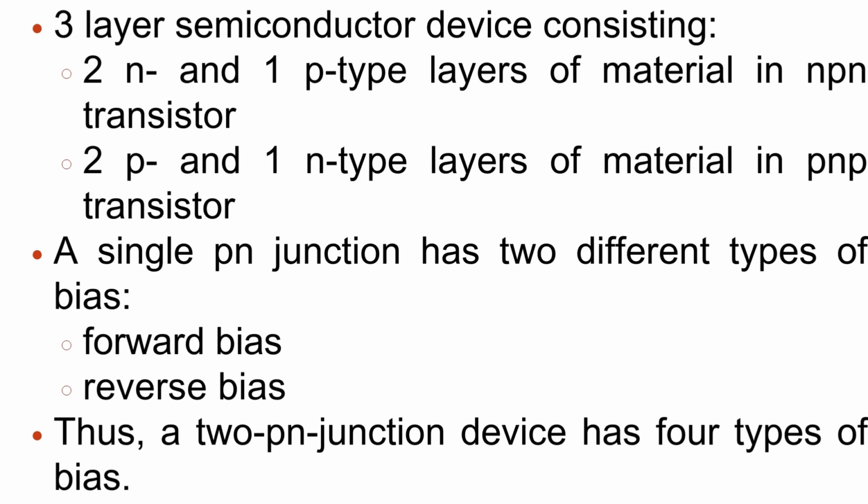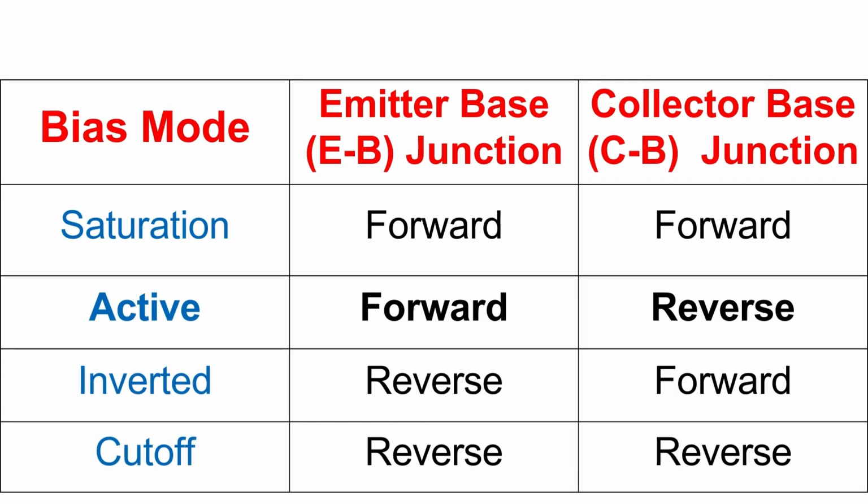A single PN junction normally has two types of biases, forward bias and reverse bias. In a transistor, there are two PN junctions, so the device has four bias modes, depending on the emitter base junction and collector base junction. Saturation: if emitter base is forward biased and collector base is forward biased, it is called saturation.